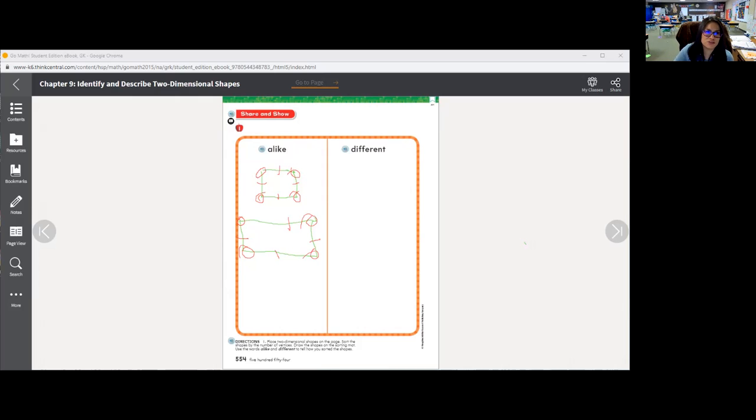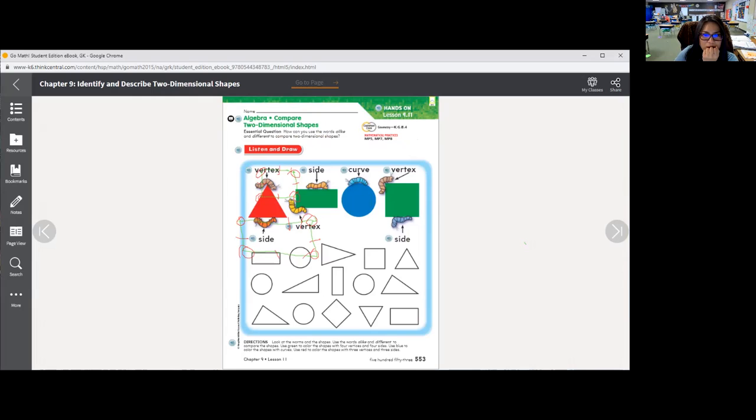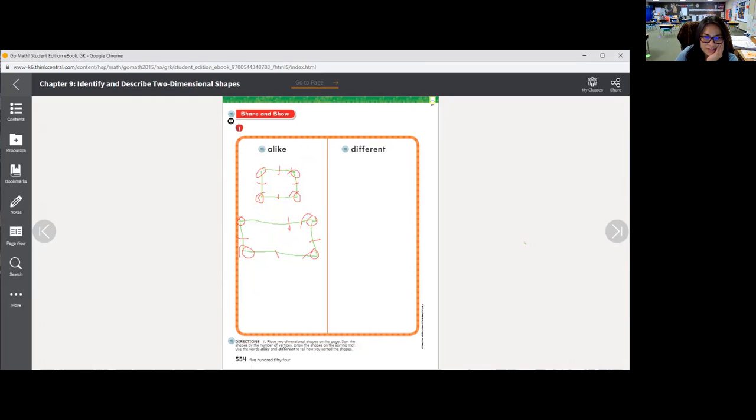What's another shape that's different? Let's go back and see, how about any of these shapes right here? Any of these shapes that you know is different than the square and the rectangle? Which one can we draw over here that's different, Ayla?